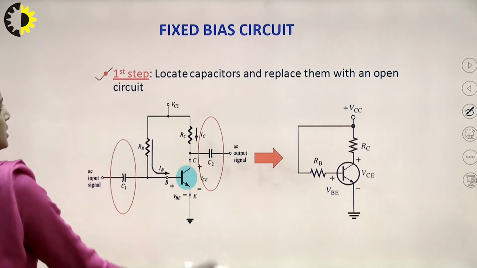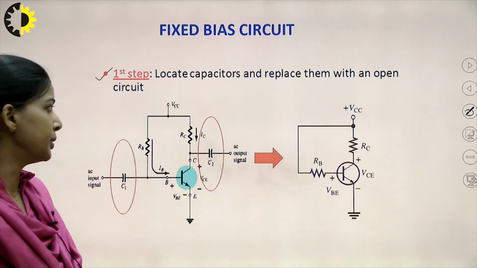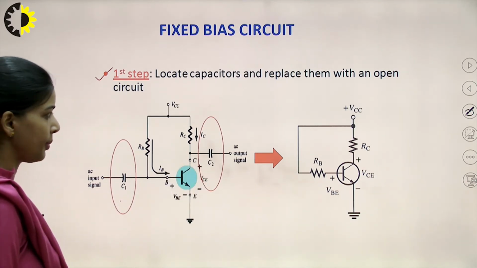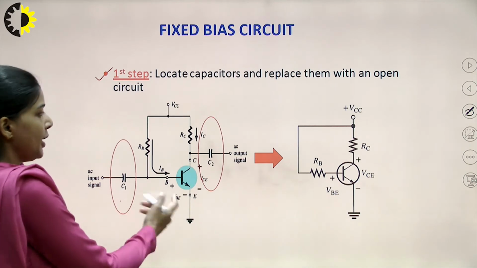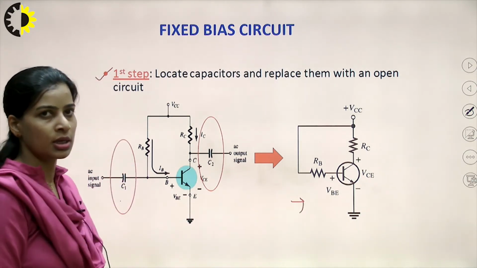Moving to the first step, locate the capacitors and replace them with an open circuit. Here we had two capacitors, and those capacitors have been replaced by open circuits. So, we get this picture.